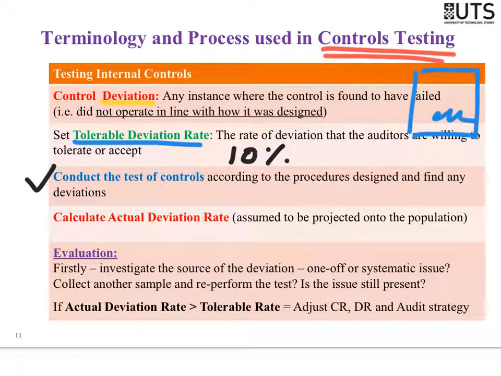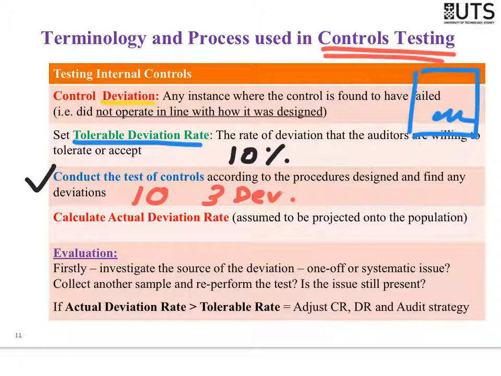But there might be instances where the control didn't work. So let's put some numbers to it. We check 10 of these documents. Okay, so my sample size was 10. Out of the 10 that I select and test, I find 3 instances where they didn't work. So 3 deviations. Okay?